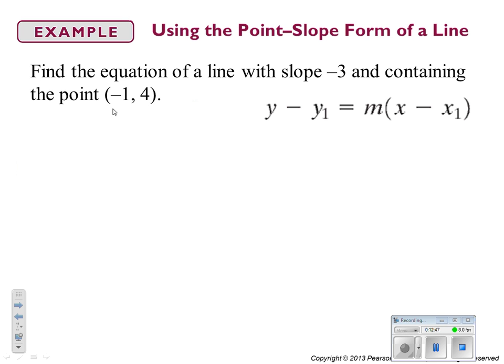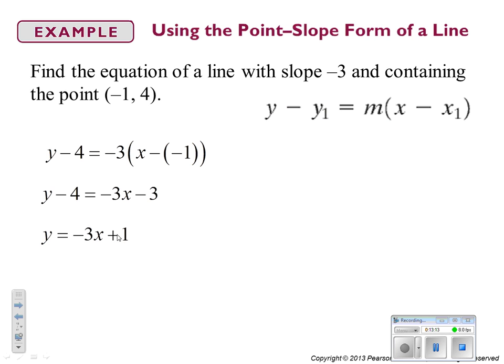So let's see how we use that. Finding the equation of the line with slope -3 and containing the point. Easy. So we see y stays, we replace y1 with our coordinate for y. We replace the slope with our given slope. And we replace x1 with -1. And then simplify.